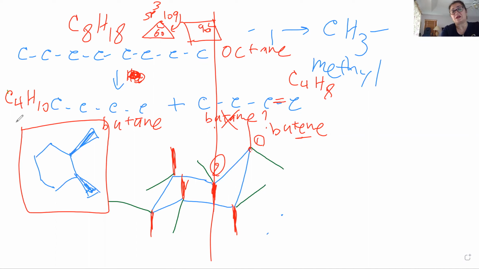Is this cis or trans? Is this a cis compound or a trans compound, cis isomer or trans isomer? You know the difference between wedges and dashes, right? If you have a dashed line, that means it's going away from you.